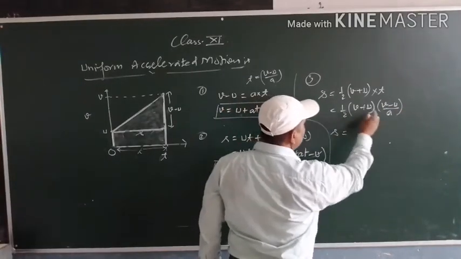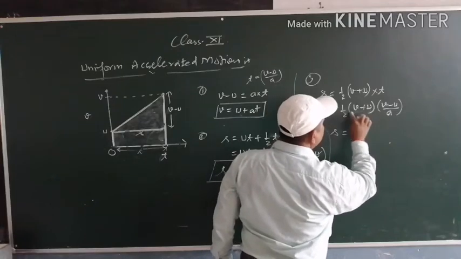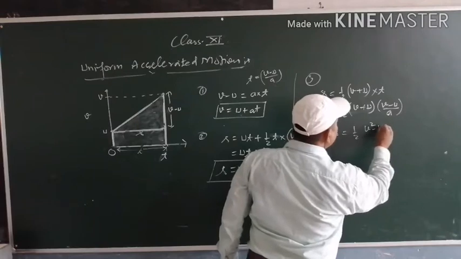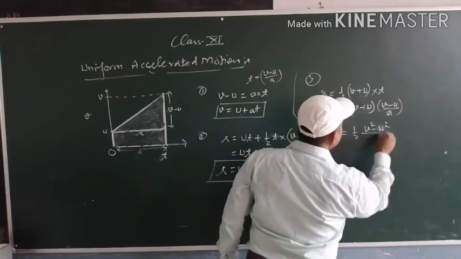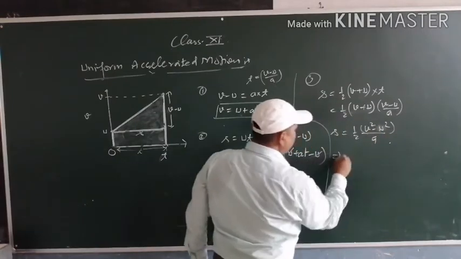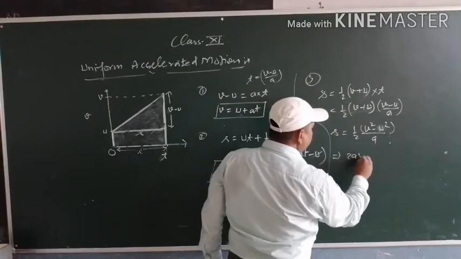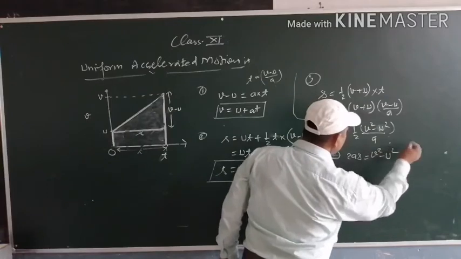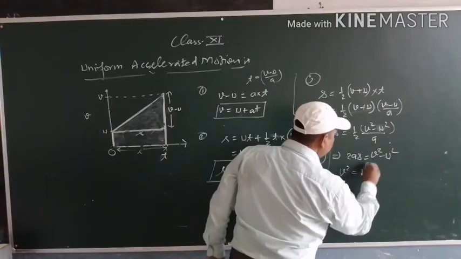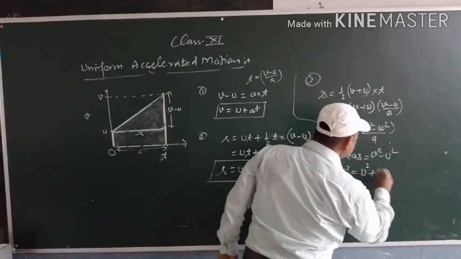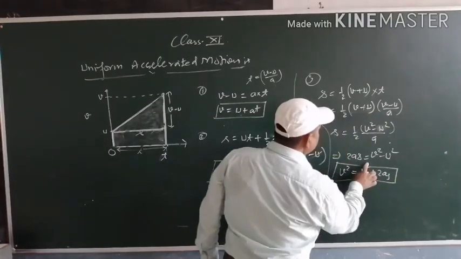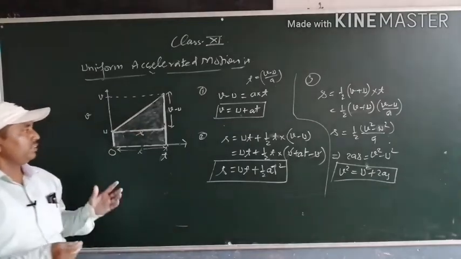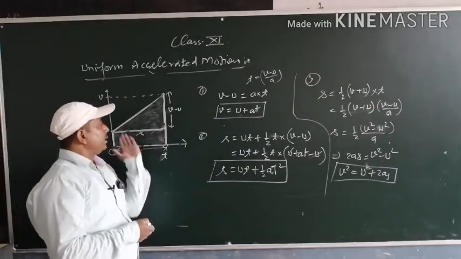So s equals half of the product of v plus u and v minus u divided by a, which is v square minus u square by 2a. Rearranging it, we get 2as equal to v square minus u square, and v square becomes u square plus 2as. This is the third kinematic equation, which we easily obtain from the graph method.